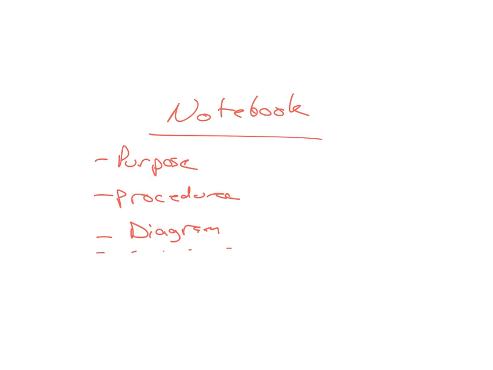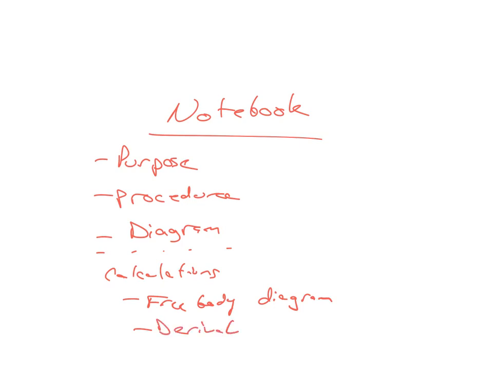The next little chunk is kind of your calculations section. In that, we want a free body diagram, because this helps guide us through all of the derivation. So you should have a derivation or the calculation determining the number of excess electrons.